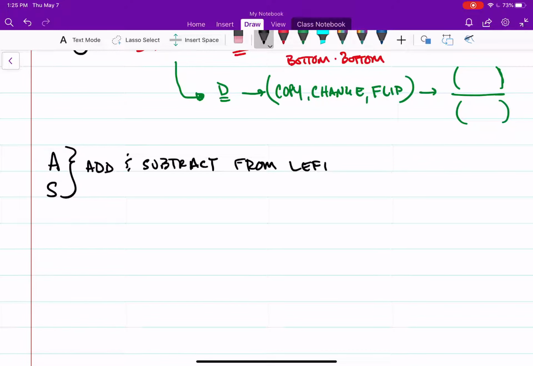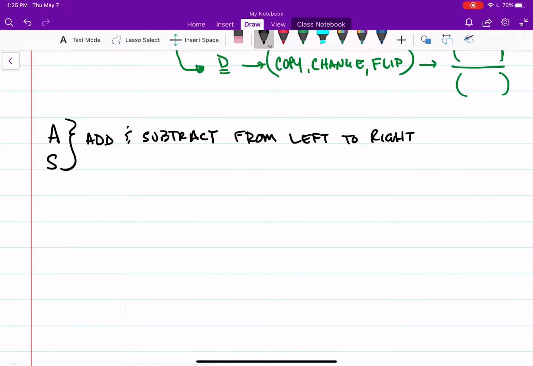Left to right, okay? And the only thing that I want to bring out there is that if I had A minus B, right?